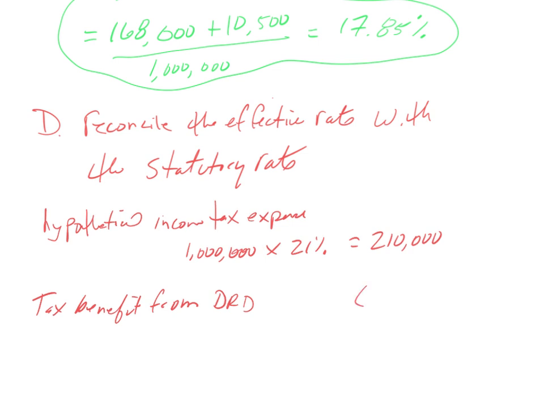Their tax benefit received from that is, their dividends received deduction was 150,000, times 21%. And that is going to give us 31,500.